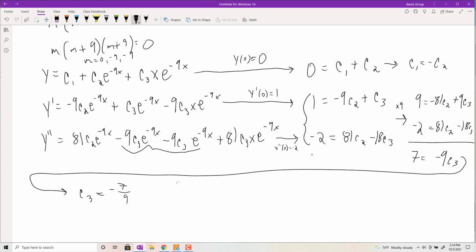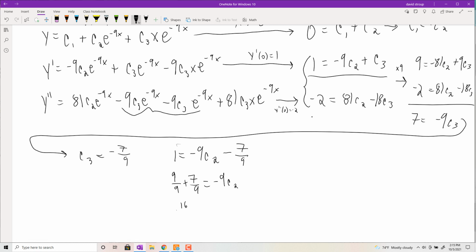So plug that into one of the unused equations. I'll just pick this guy here to solve for c2. So I get 1 equals negative 9 c2 plus, in this case, minus 7 ninths. Add 7 ninths to both sides, so I get 9 ninths plus 7 ninths equals negative 9 c2.